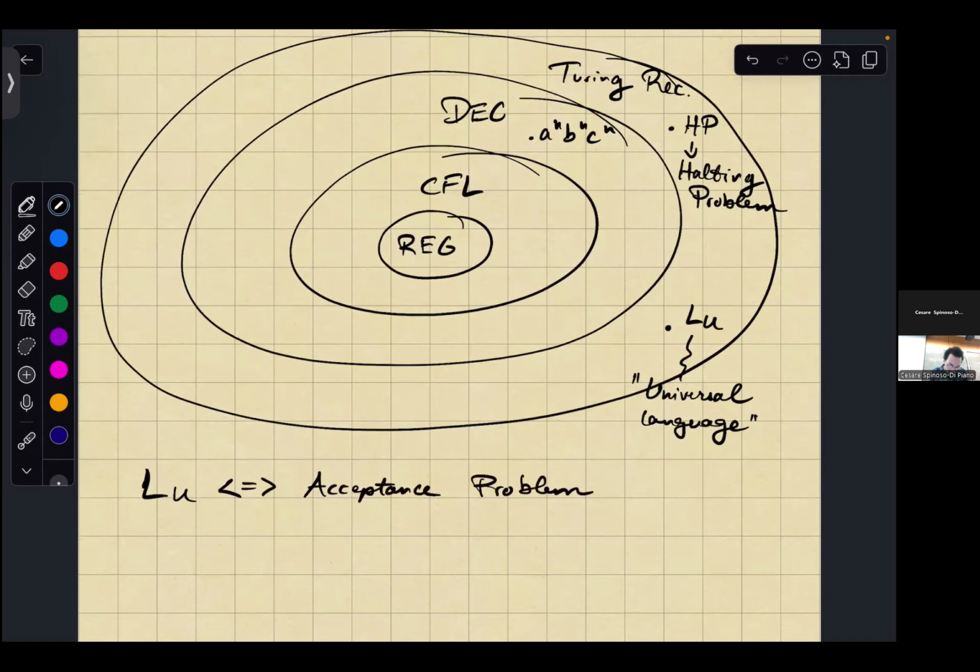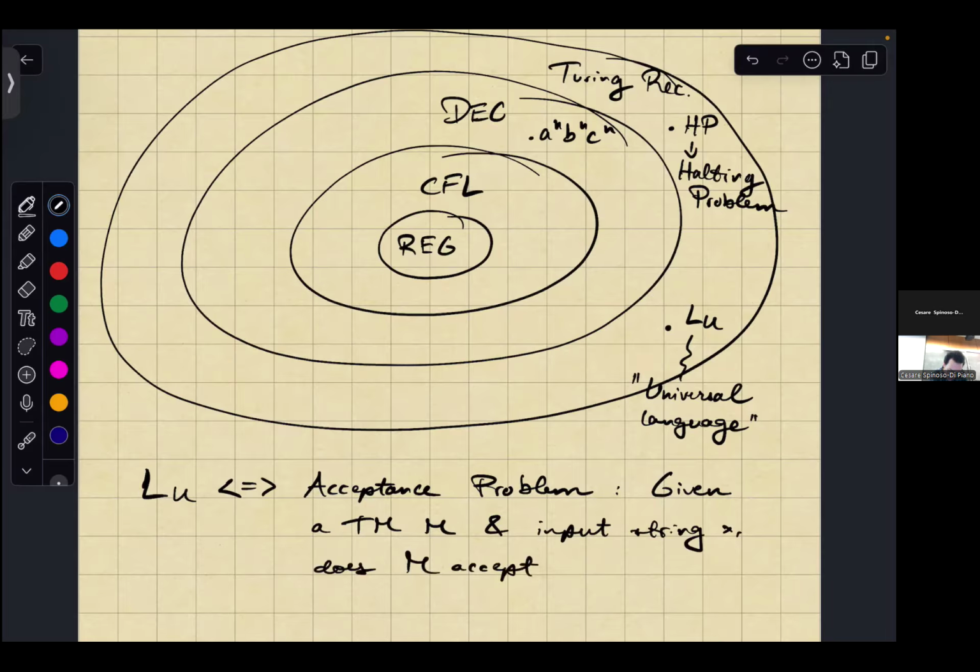The acceptance problem asks: given a Turing machine M and an input string X, does M accept X, right? This is the acceptance problem. And the reason it's equivalent to the universal language is because the definition of L sub U was all of the encodings of Turing machines and inputs such that M accepts X.